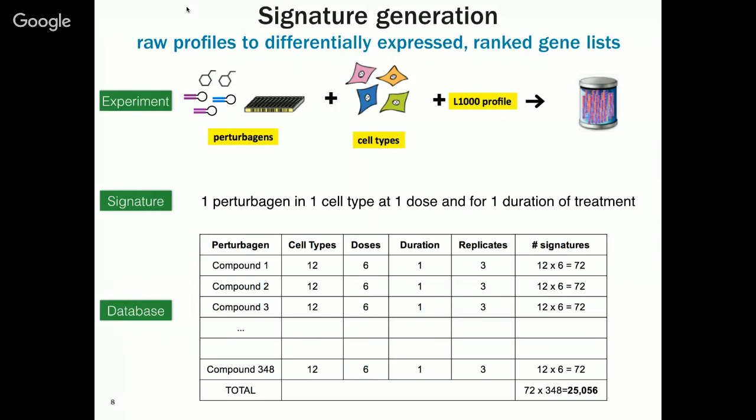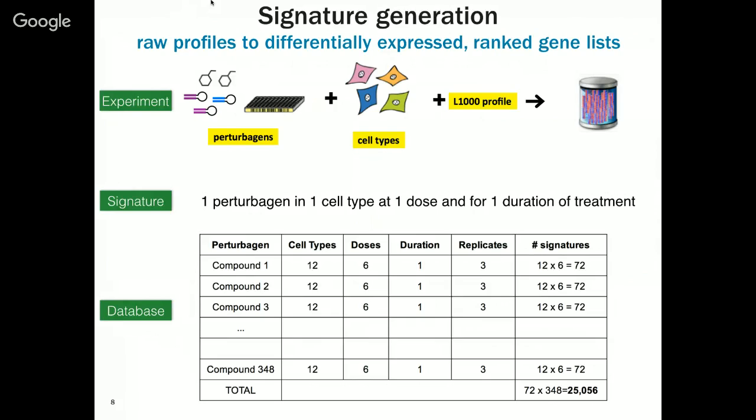So, for example, just to walk through the process, one profile is one perturbagen in one cell type at one dose, and for one duration of treatment, that yields a signature. So one signature is derived from a perturbagen in a cell type and at a dose and a particular duration of treatment.